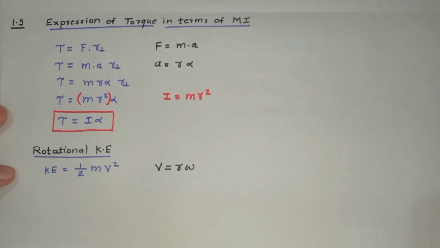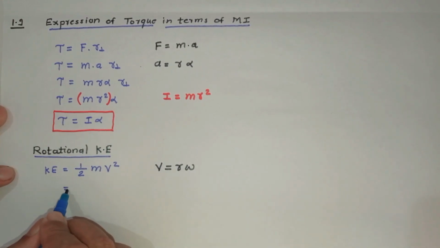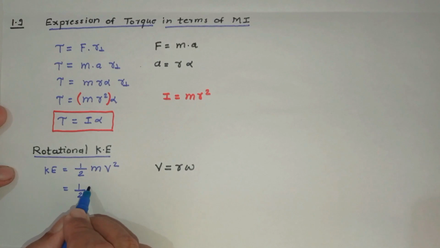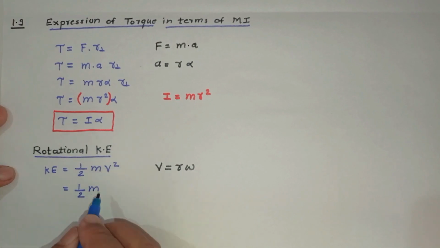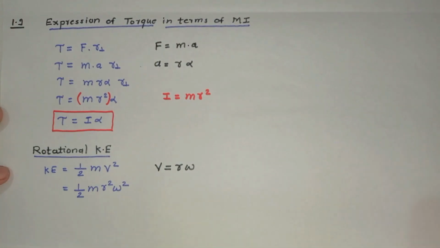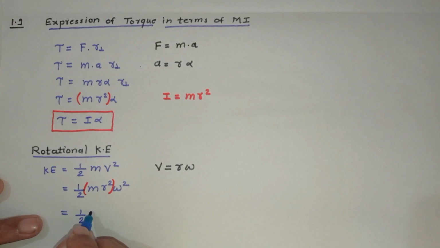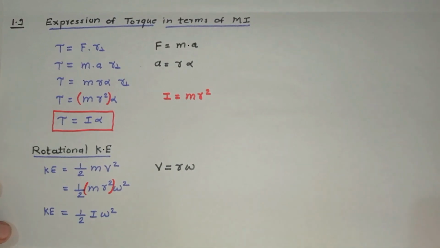So we'll substitute here, v is equal to r omega. So this is half m, and instead of v square, I can write r square omega square. So this m into r square is nothing but moment of inertia. So we can write this as half I omega square. Rotational kinetic energy is equal to half I omega square.